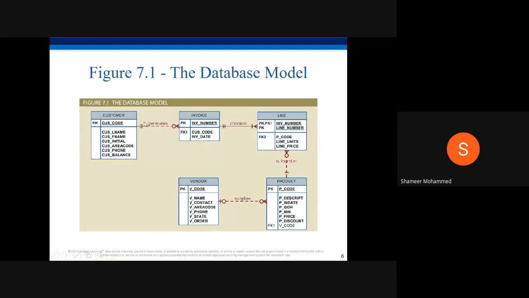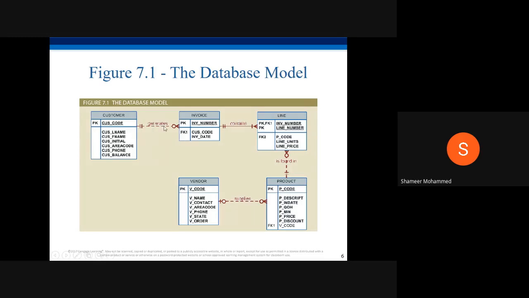Customer generates the invoice number. Invoice means bill. Customer places the order. From that order, it has some products. Those details are written here. And these products are supplied by the vendor, meaning supplier.